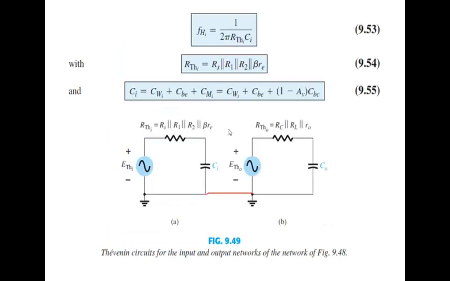So you end up with the simplified circuit which now contains only two capacitances out of many, and a series resistance for each capacitance. This series resistance is the Thevenin equivalent that is computed when you look from the capacitor side.